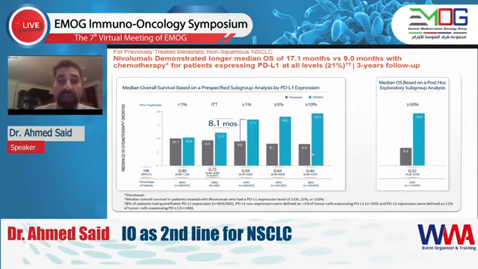And this increases as the PD-L1 increases, as we can see with exploratory analysis for patients with PD-L1 more than 50%, with 19.4 months versus 6.9 months and a hazard ratio of 0.32.